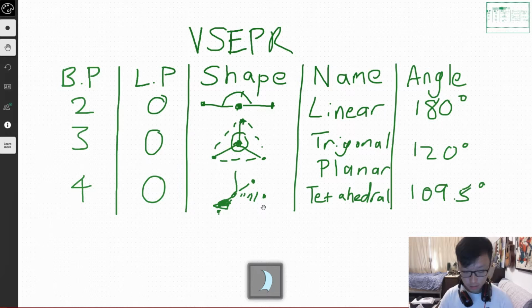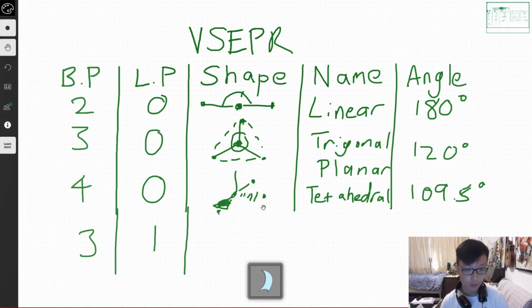Okay, so now we examine what happens if we substitute a bonding pair for a lone pair. So if we take 3 bonding pairs and 1 lone pair, that's essentially taking what we had last with the tetrahedral, except substituting one of the bonding pairs for a lone pair. What we get here is a shape like this.